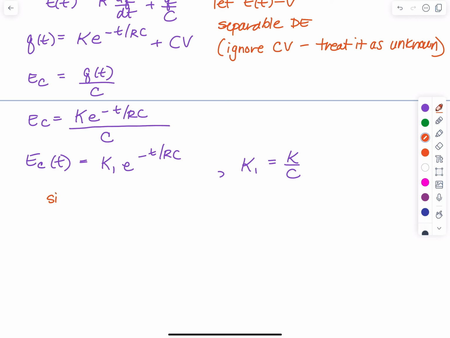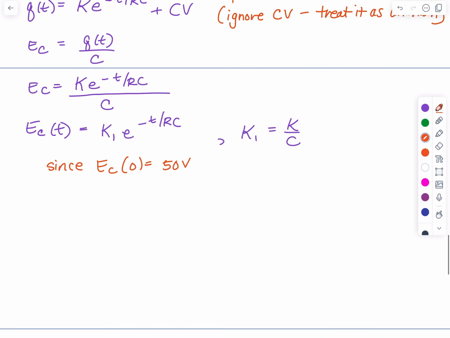And since that initial charge on the capacitor is equal to 50 volts, we can say that 50 is equal to K sub 1, since of course that would have T equal to 0.